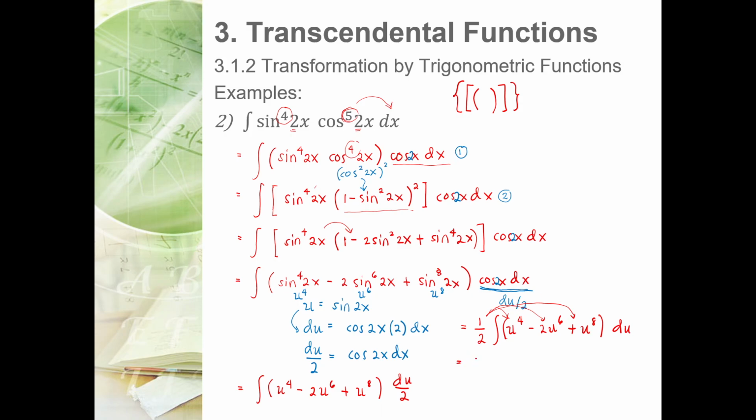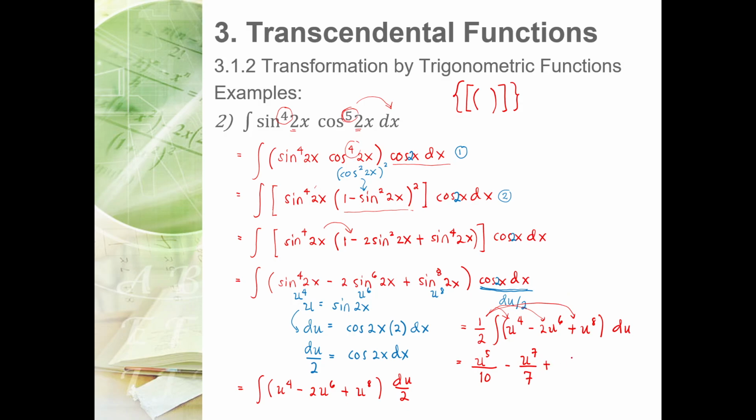So this becomes u to the power of 5. So 2 times 5, that will be 10. I'll just shortcut it because there's no space anymore on the screen. And then this will be u to the power of 7 all over 7. So there's no 7 because 2 and 2 will cancel each other out.